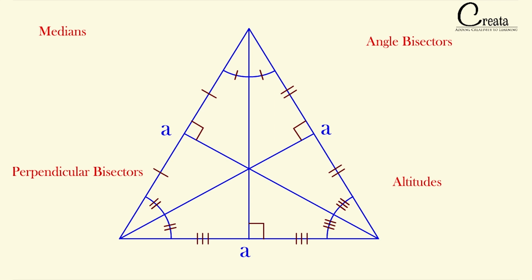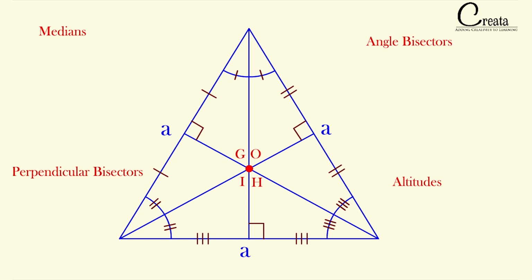Moving further, if all the segments of a triangle are the same, their intersection points will be the same. That is, the intersection point of the medians, the centroid, the intersection point of the angle bisectors, the incenter, the intersection point of the perpendicular bisectors, the circumcenter, and the intersection point of the altitudes, the orthocenter, will be the same for an equilateral triangle.